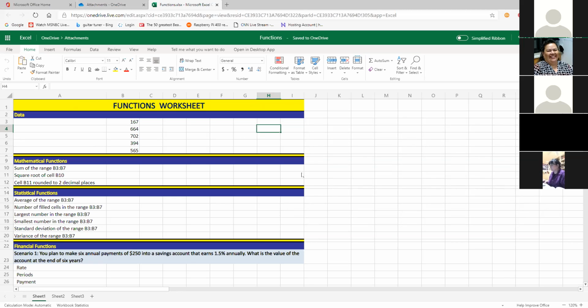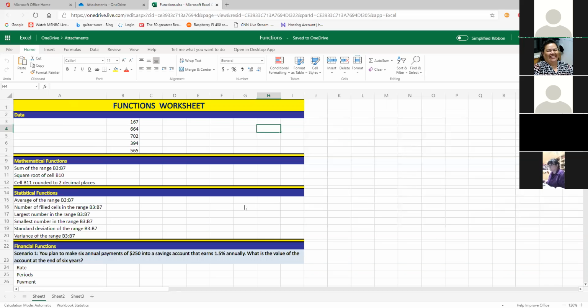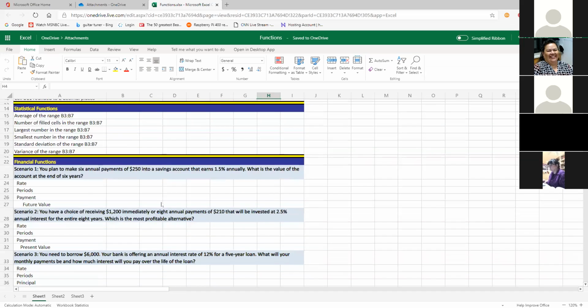I can send it again, but it should get there. No problem. So it has all the functions: the mathematical functions, the statistical functions, and financial functions.